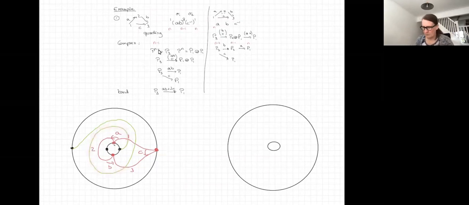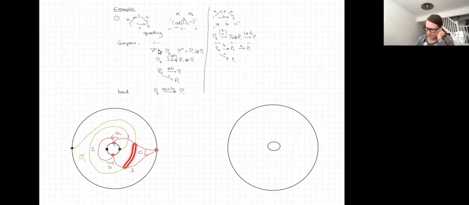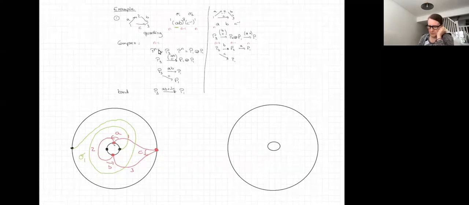So this corresponds to sigma 1, which is AB. And then C inverse goes from the next intersection. Basically you decompose your curve into these segments in the red polygons. Okay, and then you connect to the next marked point.